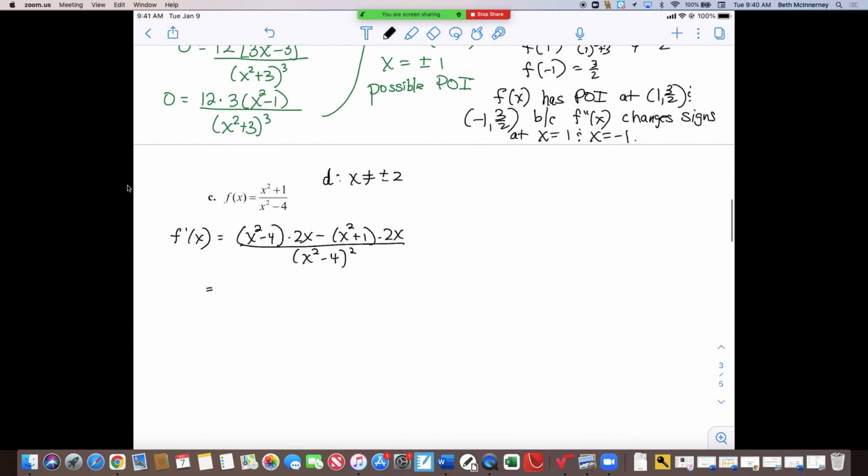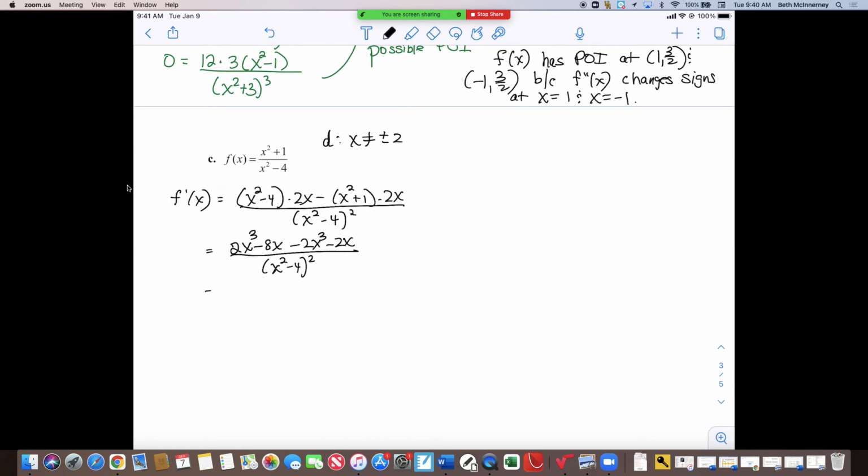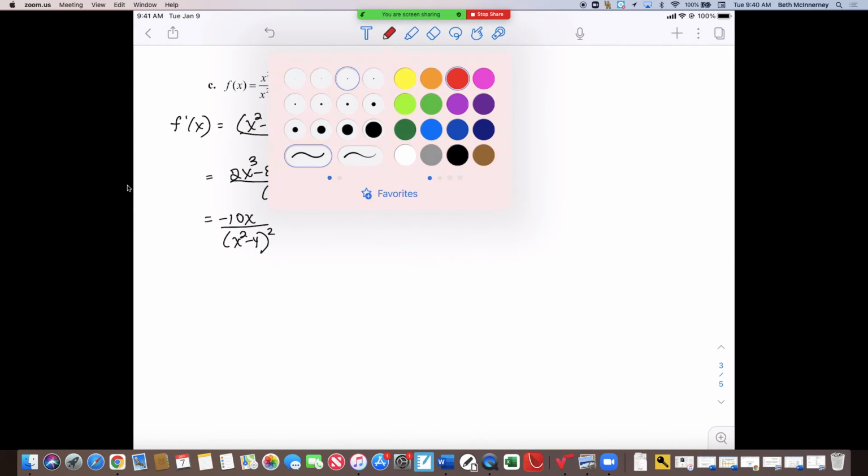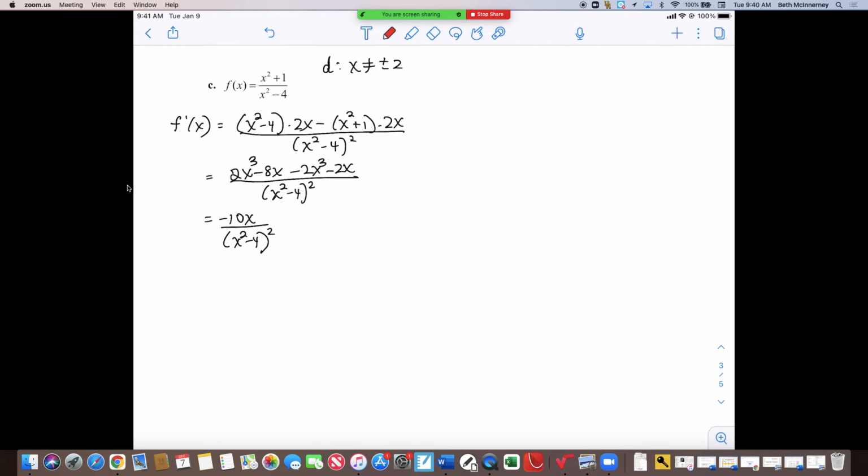So let me tidy this first derivative up and get 2x cubed minus 8x minus 2x cubed minus 2x. So that's negative 10x over (x squared minus 4) squared. I can make my life a whole lot easier if I tidy that up.